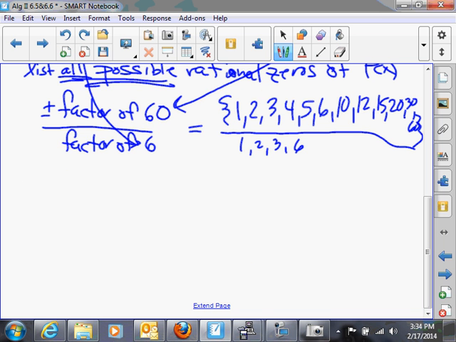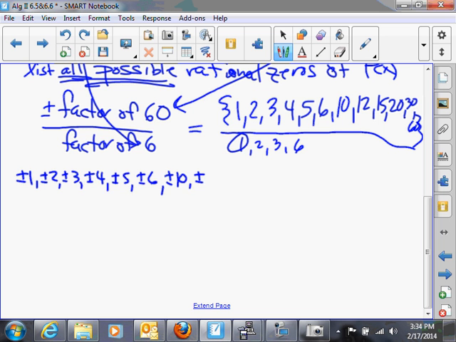So then, what we do is we start out. Let's use the 1 for the denominator. We get plus or minus 1, plus or minus 2, plus or minus 3, plus or minus 4, plus or minus 5, plus or minus 6, plus or minus 10, plus or minus 12, plus or minus 15, plus or minus 20, plus or minus 30, plus or minus 60, comma.